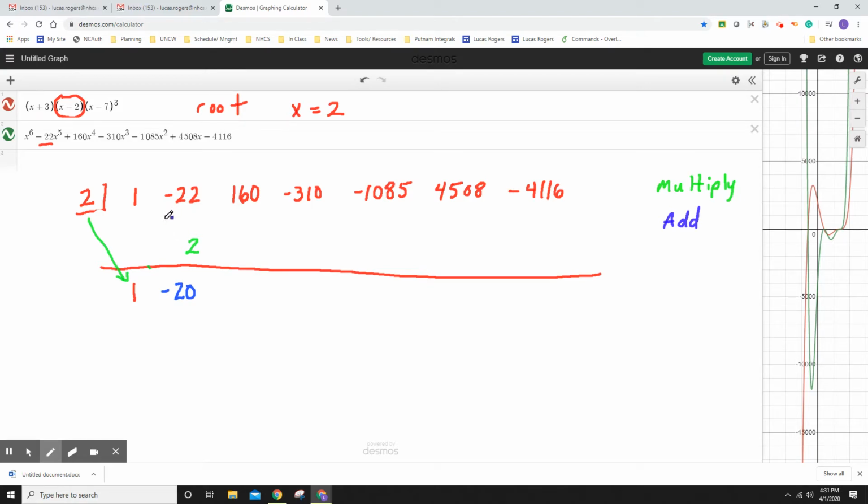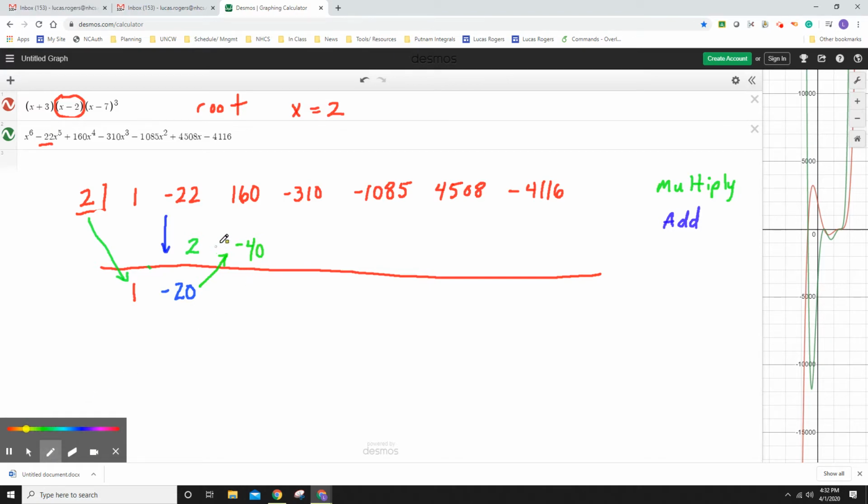We will add straight down, and then people will see the multiplication coming back up this way, right? So we're again doing 2 times negative 20 is negative 40 to get this part. And so this will kind of zigzag us back and forth like this.